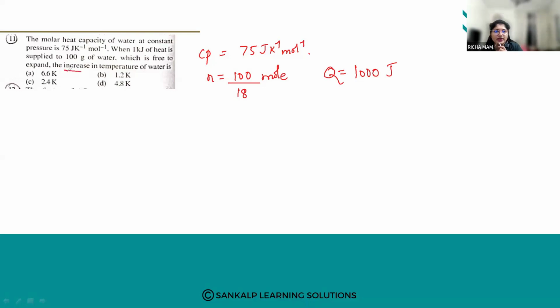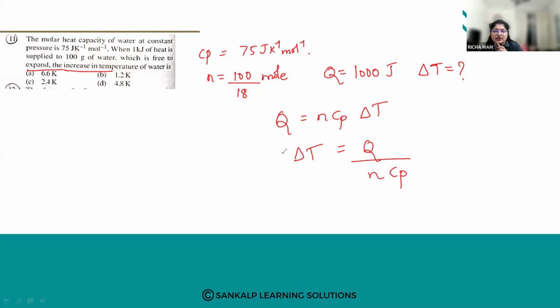What you have to find is the increase in temperature, delta T. The formula is Q is equal to n Cp delta T. So delta T is equal to Q divided by n Cp. Use this formula and substitute now to find the increase in temperature of water.